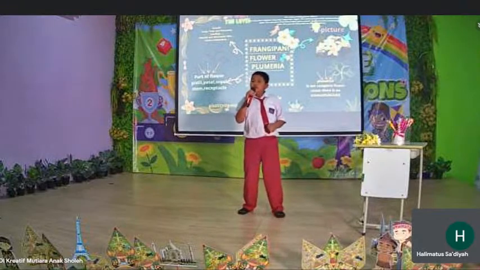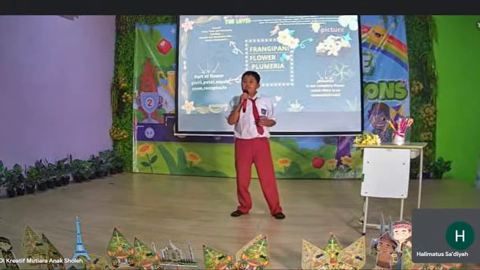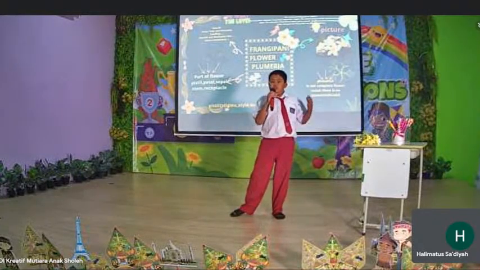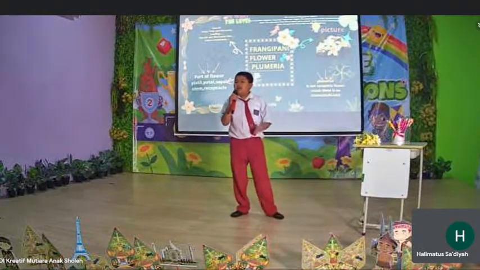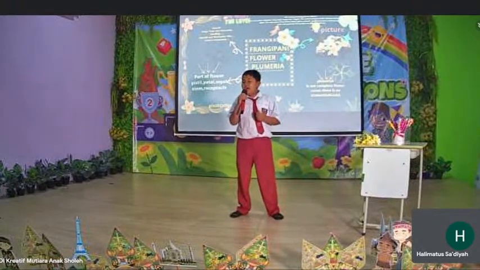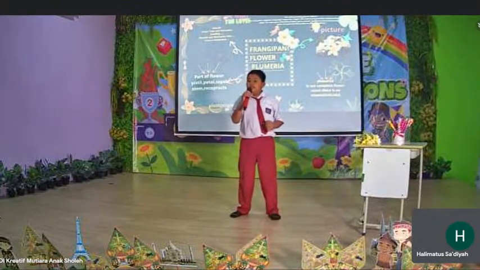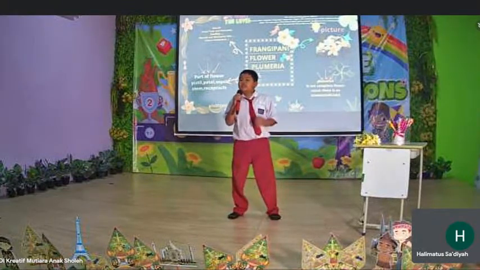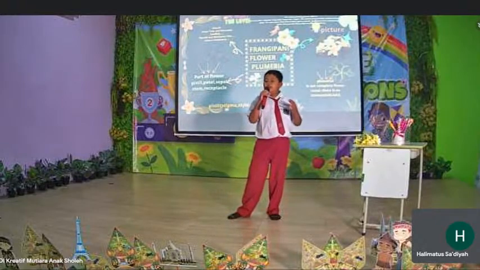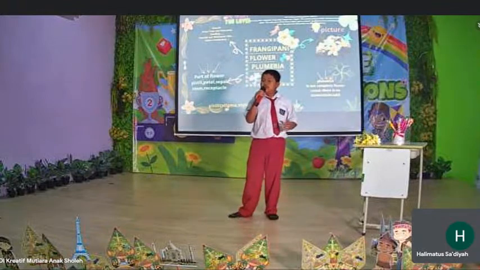Now the functions. The function of the petal is to attract bees, butterflies, and others to come to the flower. That's why the petals are beautiful. Now the function of sepal.